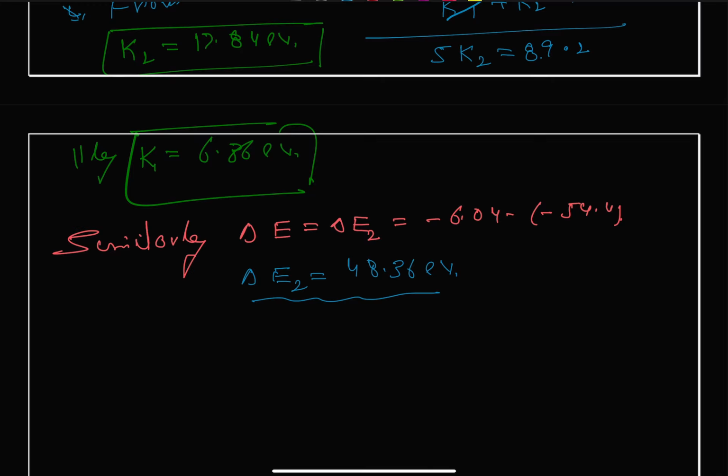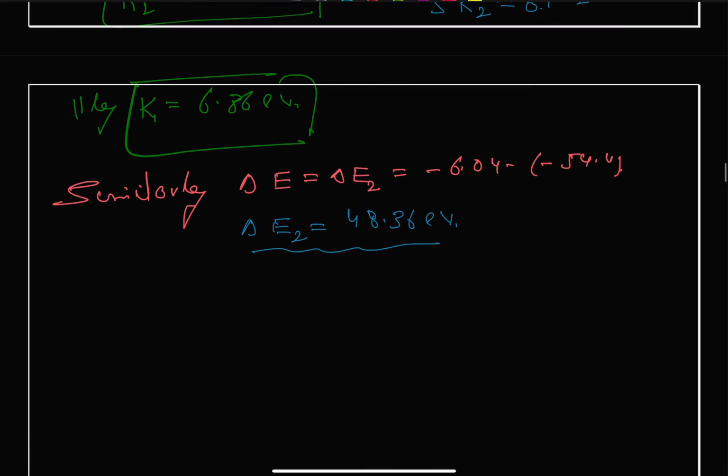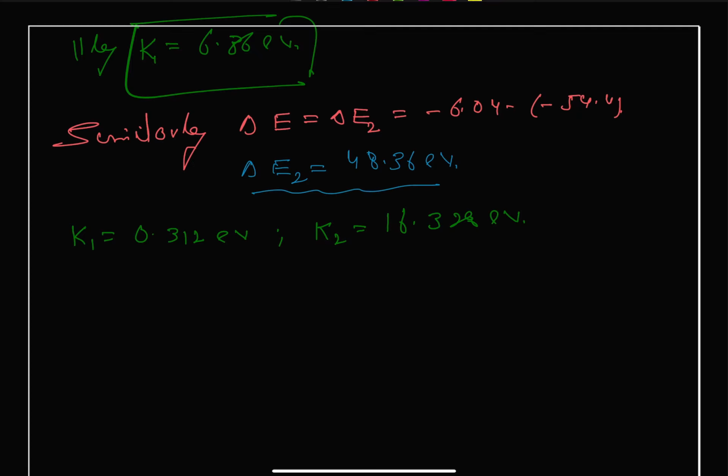Similarly, we are going to find out our K1 and K2, as we just did. So let me write the results directly. From here we get our K1 will be equal to 0.312 electron volt, and the value of K2 is 16.328 electron volt. And similarly, we are going to put delta E equal to delta E3.